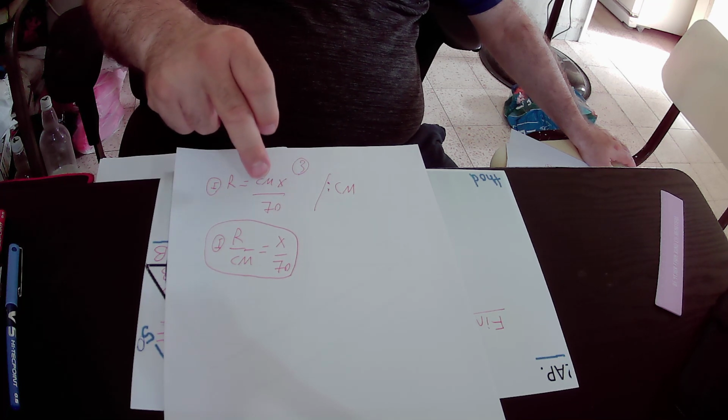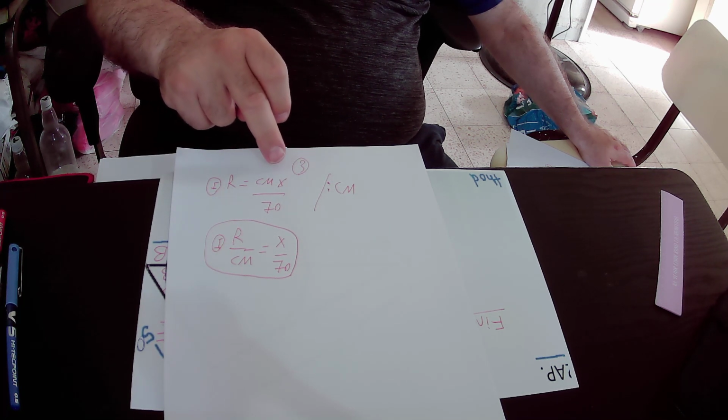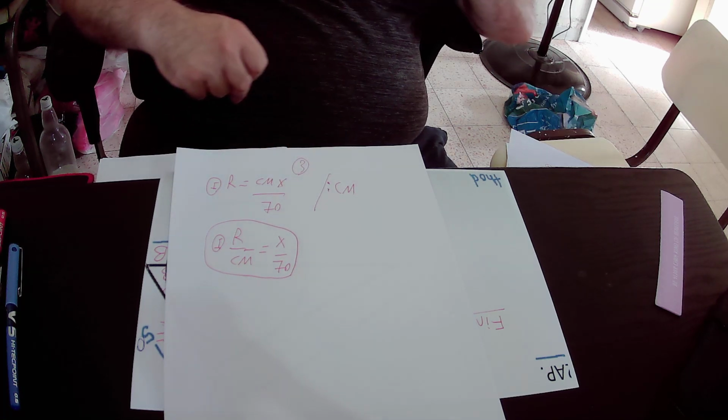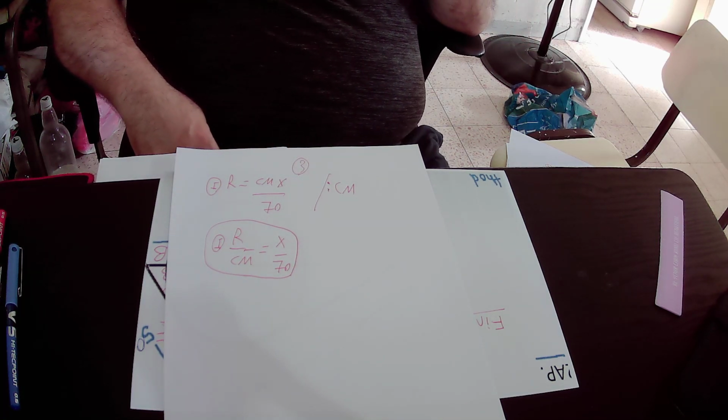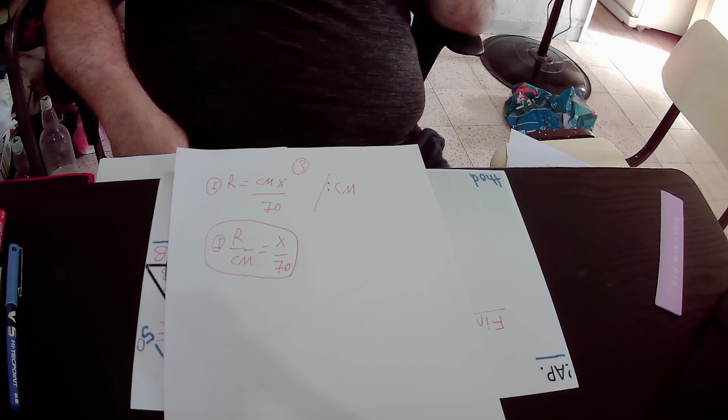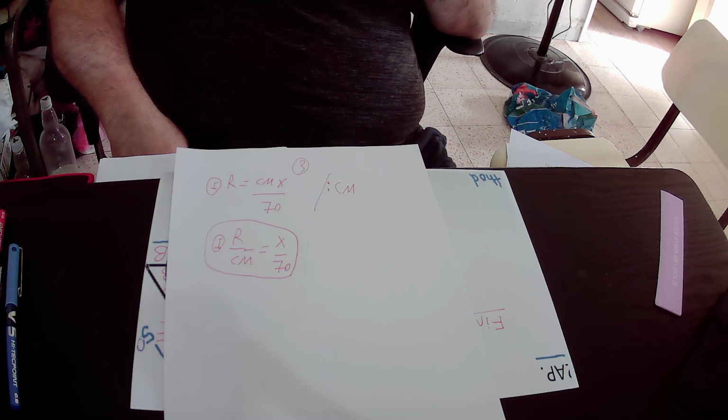So CM is cancelled, and we are left with x over 70. So actually this is our first equation.